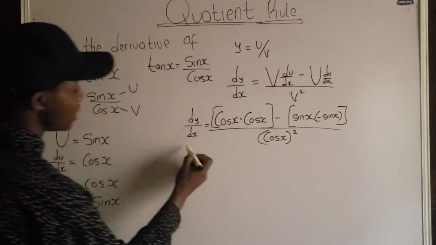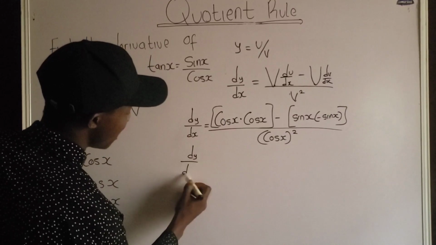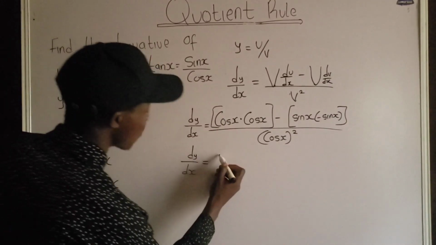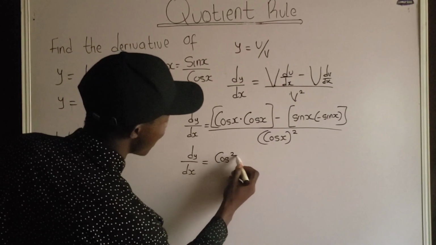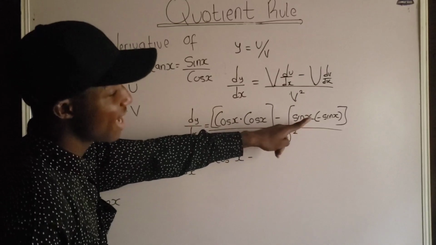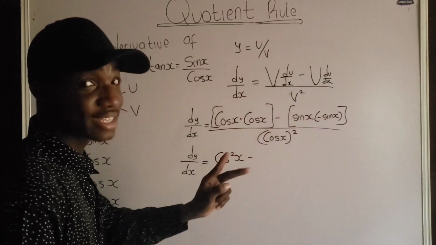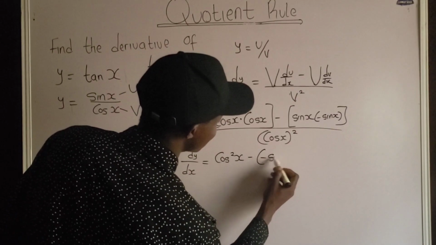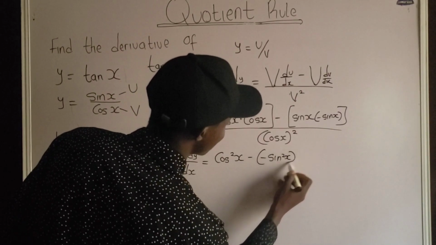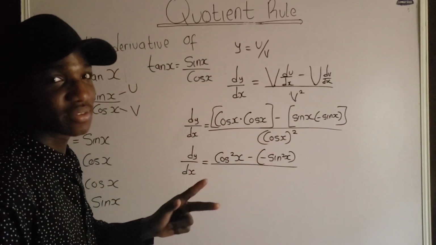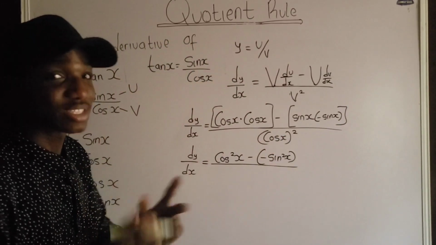Okay, let's proceed. dy over dx is equal to cos x multiplied by cos x, that is cos square x, minus, I want you to pay attention, sine x multiplied by minus sine x, that is minus sine square x. All over cos x multiplied by cos x, that is cos square x.